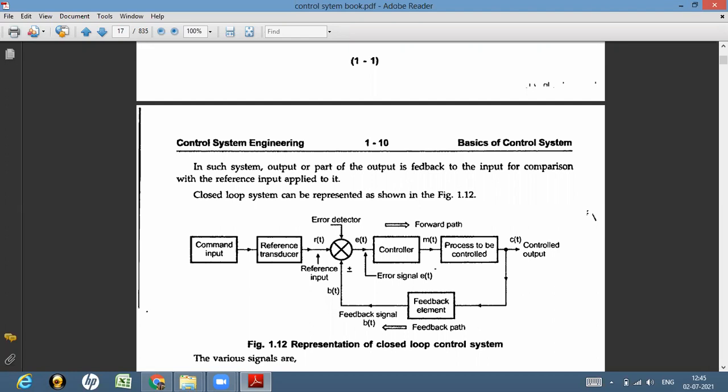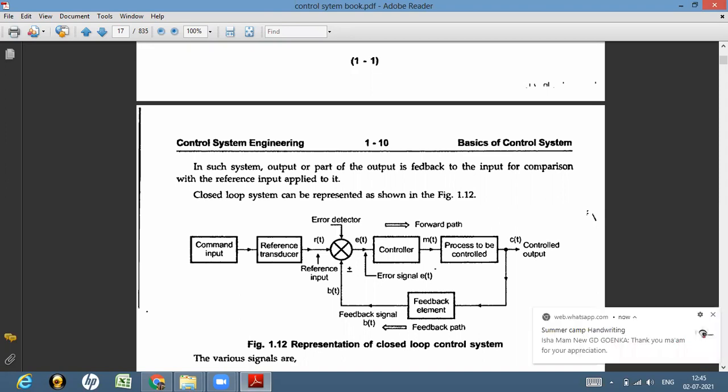You can see that here C(t), as I already told you in my previous video, stands for the output signal and R(t) stands for the input signal. On the extreme left-hand side we have R(t), called the reference input, and C(t) is called the controlled output.